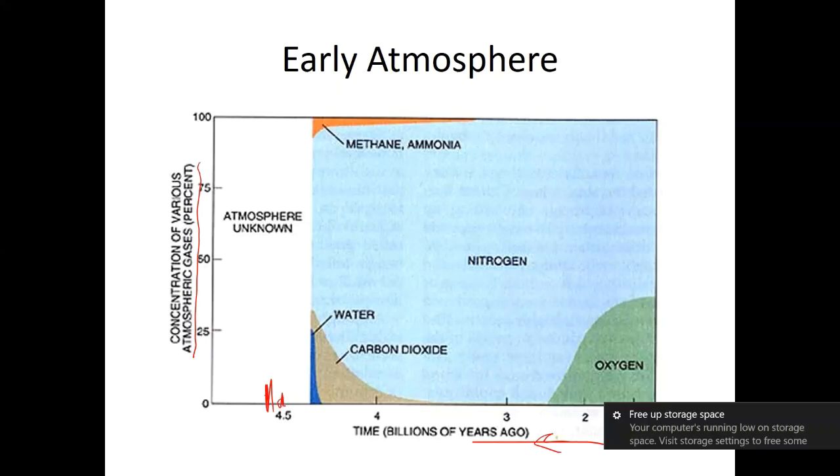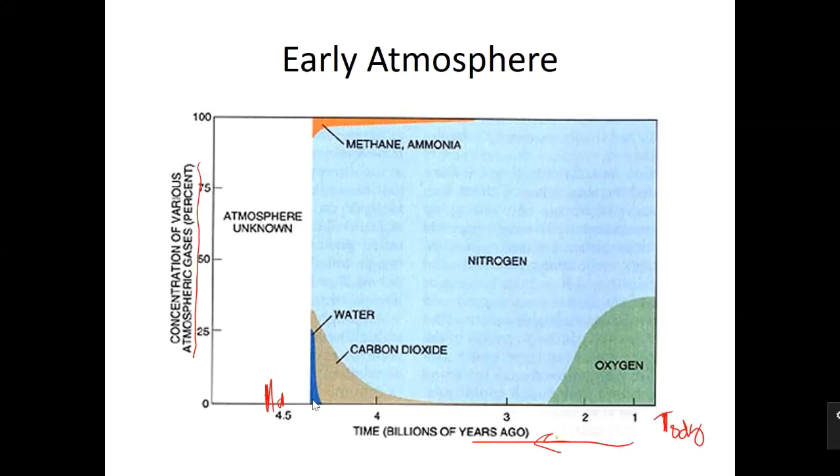We just don't have any information about the atmosphere in these early moments, and the atmosphere probably wasn't fully in place. But here we look at the earliest known information about the atmosphere. We have mostly nitrogen, we have a lot of carbon dioxide, and we have a lot of water, and some methane and ammonia.